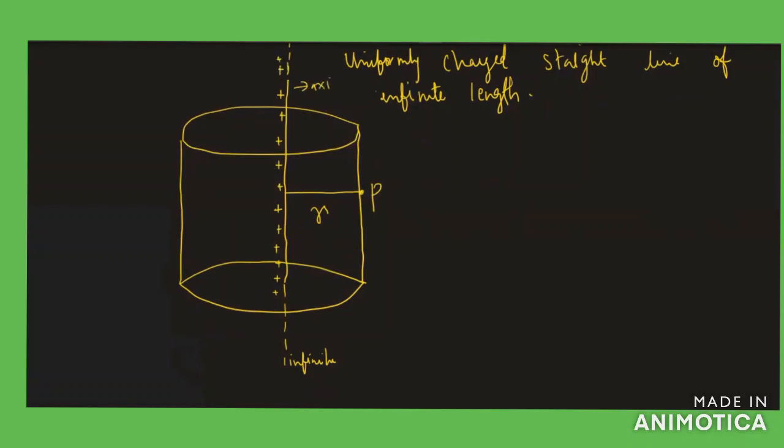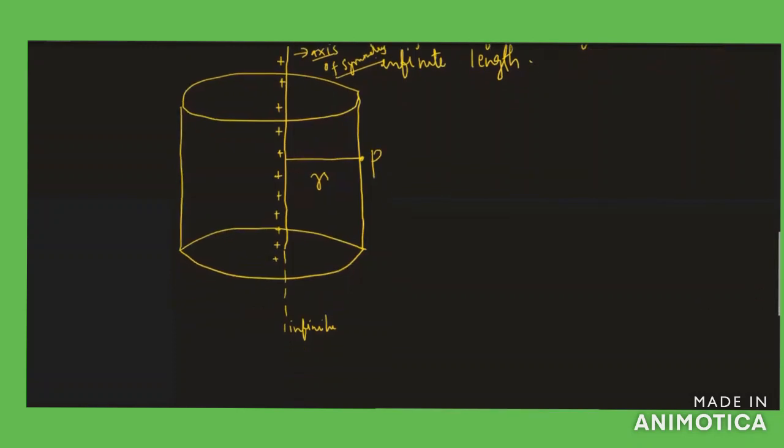This case we will discuss in detail later. Now you just need to remember this point: a uniformly charged straight wire of infinite length has a cylindrical symmetry. So if we select a cylindrical Gaussian surface to find out the electric field due to this charge configuration, we can make the mathematics simple.